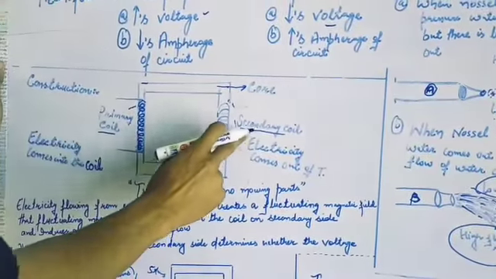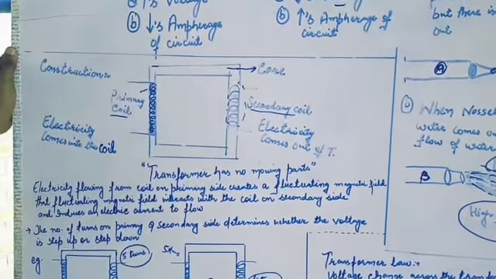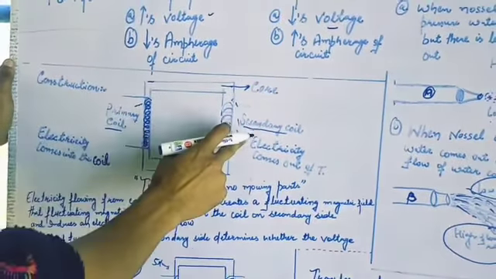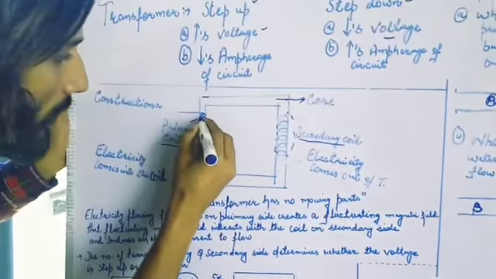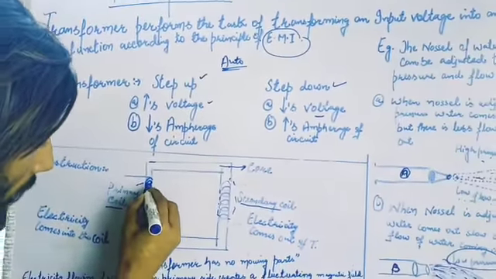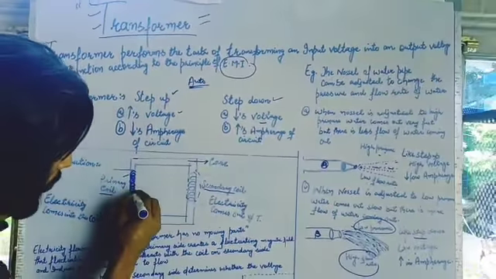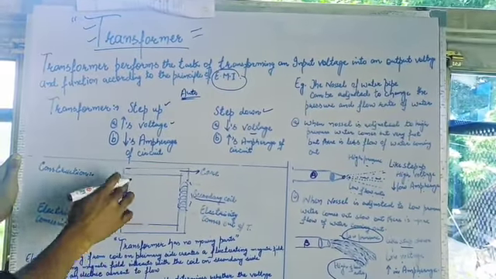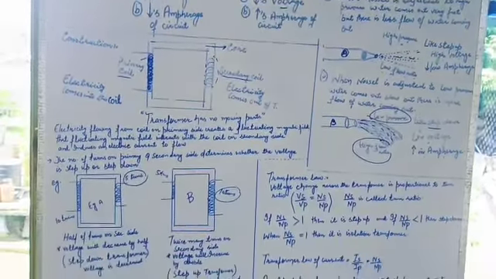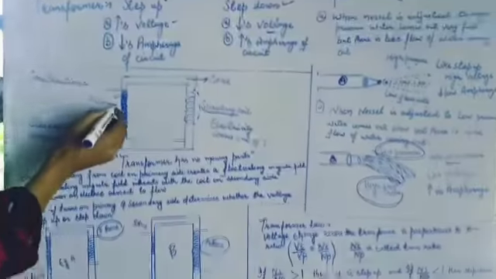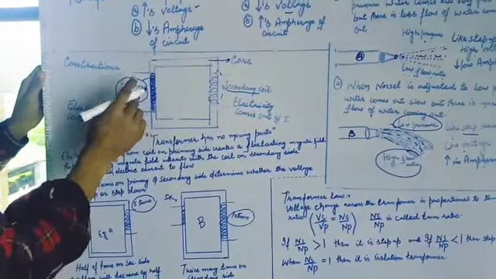Continuing to the construction of the basic transformer, a basic transformer consists of a core, a primary coil and a secondary coil. These are the windings over here, the turns 1, 2 like this. The primary coil is wound over this core. The primary coil is that type of coil in which the electricity comes into the transformer.